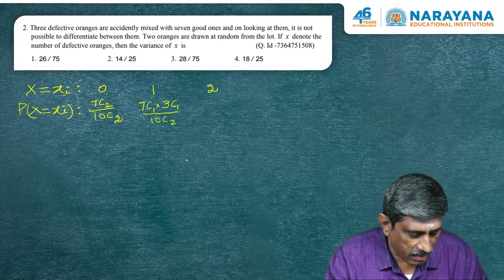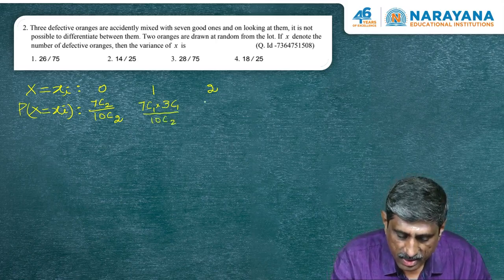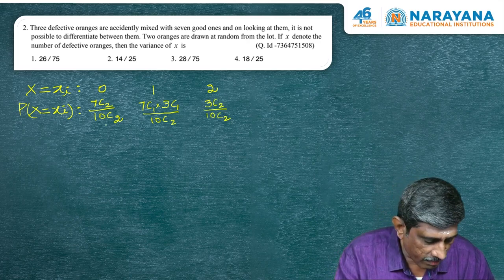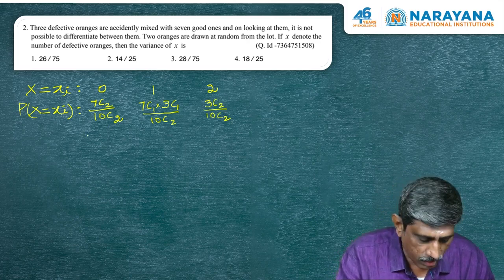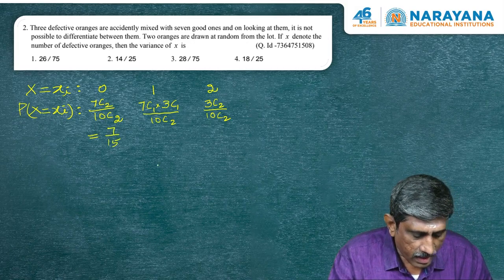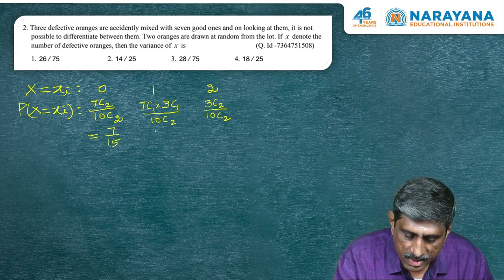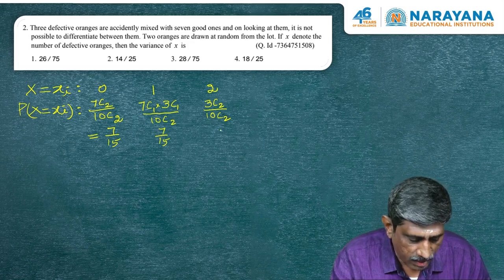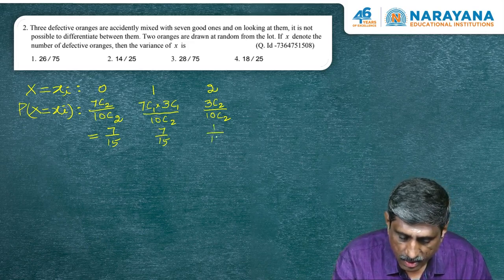The probability of getting 2 defective oranges is 3C2 divided by 10C2. When you simplify, 7C2 divided by 10C2 is nothing but 7 by 15, and 7C1 into 3C1 by 10C2 is also 7 by 15, and 3C2 by 10C2 is 1 by 15.